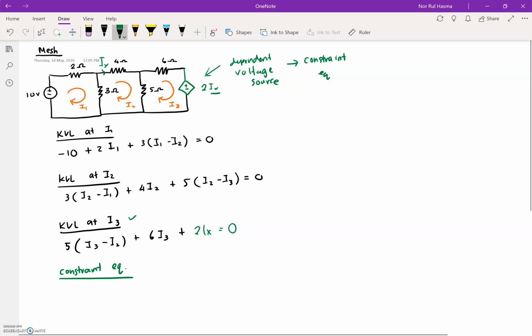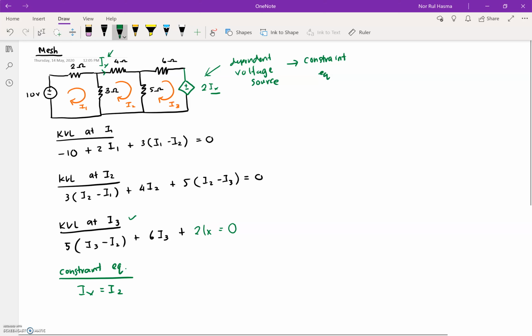As you can see here, Ix is shown at the branch 4 ohm. So Ix is equal to I2. So this is the example if the circuit consists of a dependent source.